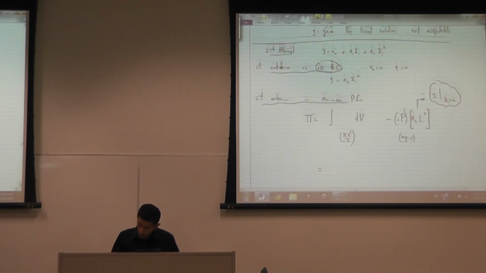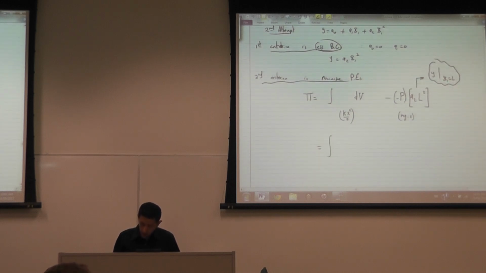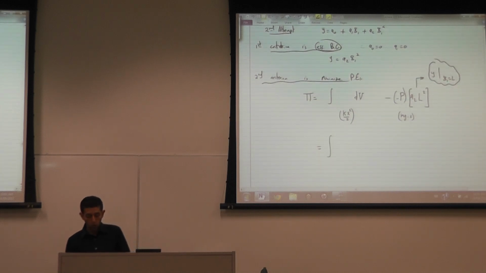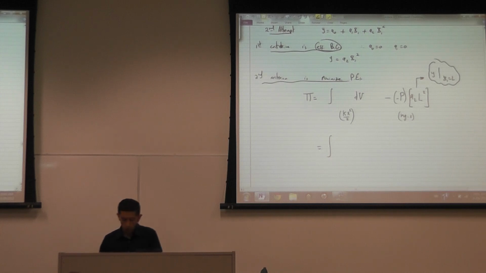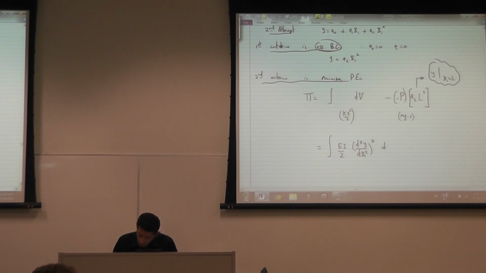The energy term here is different from the energy term before. The energy term here is EI, d2y by dx1 squared, over 2, integrated over the length, plus P A2 L squared.